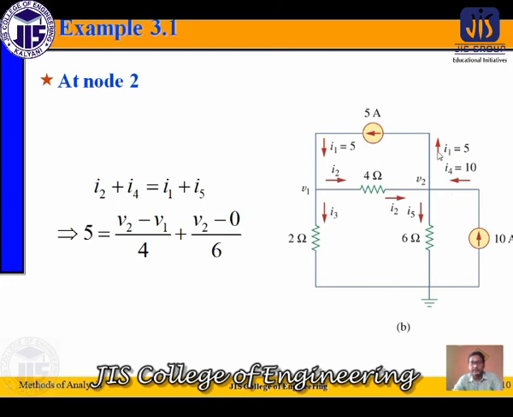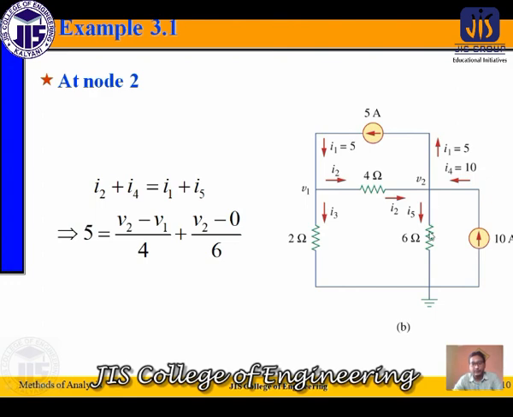And this I1 current we have considered coming out from that node and going to V1, and the direction of I1 and the direction of this current source is the same. So that's why we consider I1 is equal to 5 ampere. We consider I4 equal to 10 ampere as the direction of I4 and the 10 ampere source are the same. So I4 is 10 ampere and I1 is 5 ampere.